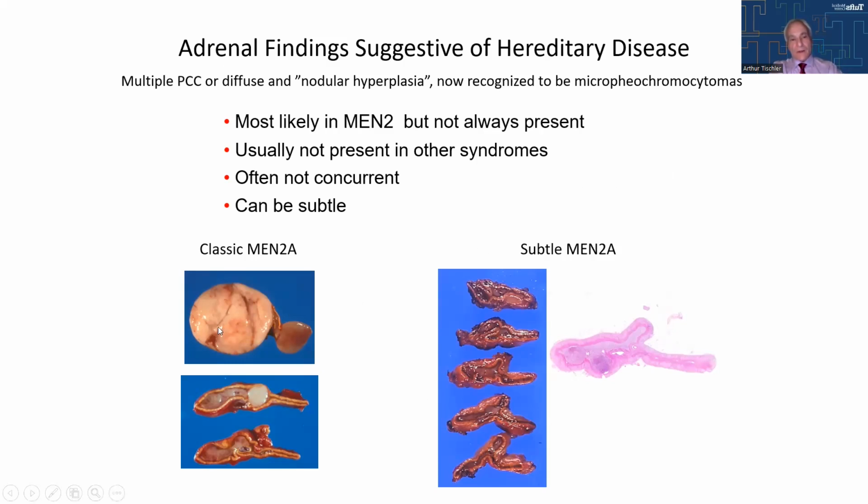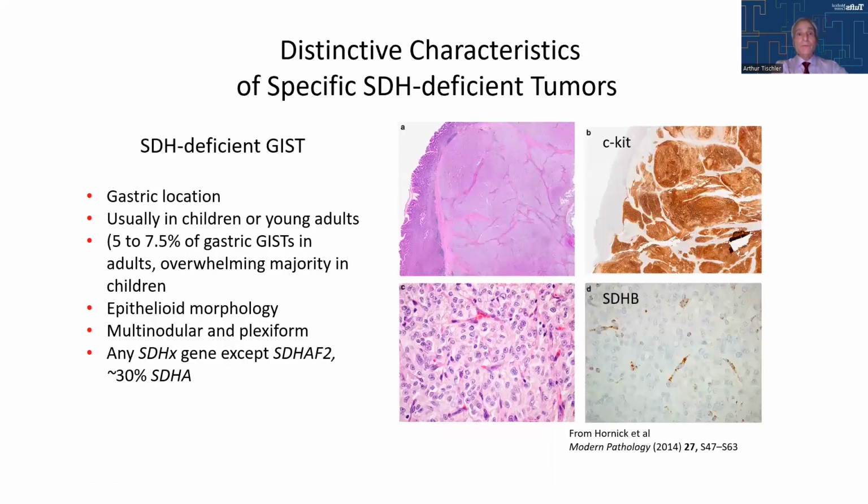So there's no question about the multiple tumors in this adrenal, but in this adrenal, the presence of these small nodules was quite subtle, and this can be missed unless an adrenal gland in a patient with symptoms of pheochromocytoma is carefully sectioned and examined both grossly and microscopically.